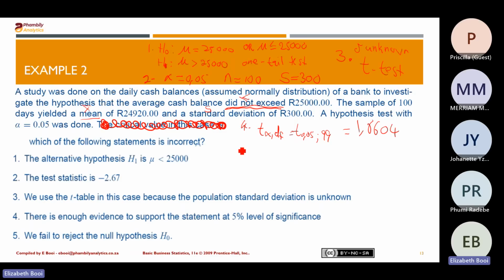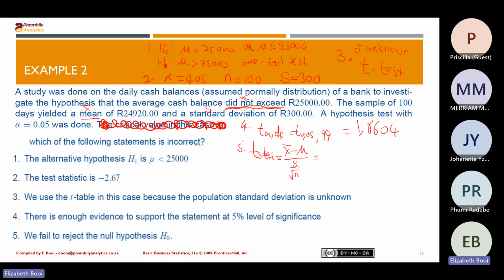1.6604. Step number 5, we need to calculate our T-stat, which is the sample mean minus the population mean divided by your sample standard deviation divided by the square root of n.